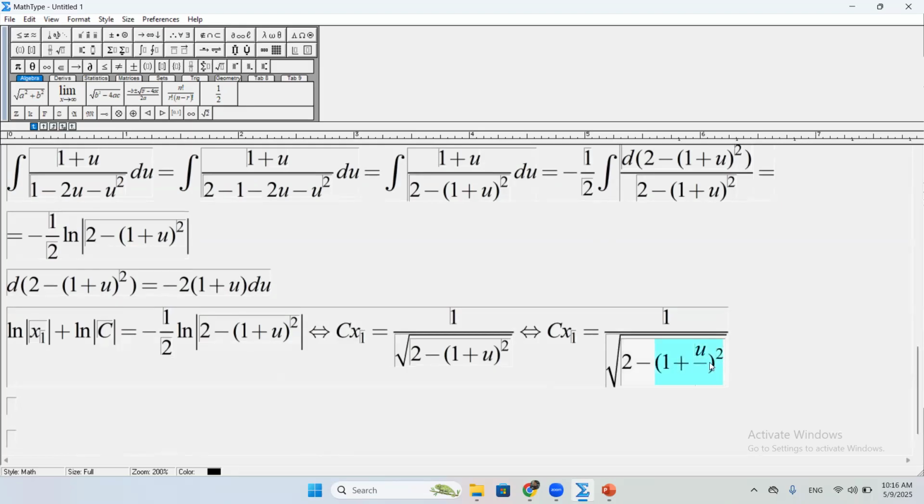Okay. Let me write it down in a more accurate format. So y1 by x over x1, and after that we will return to x and y.